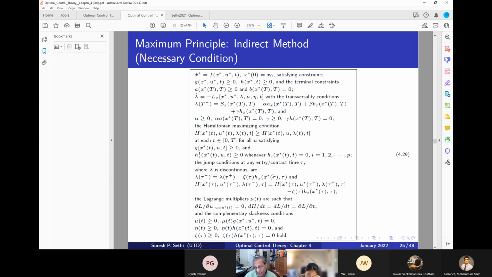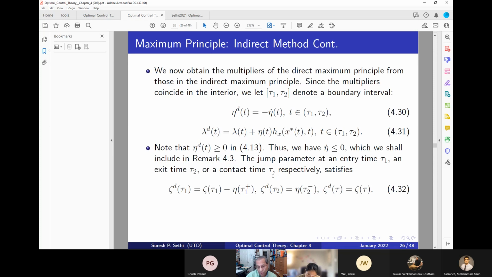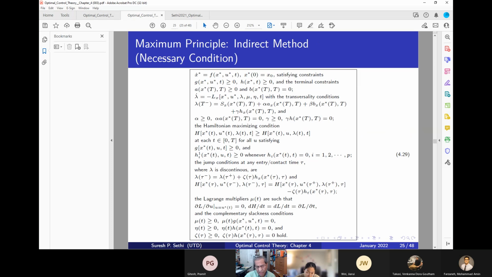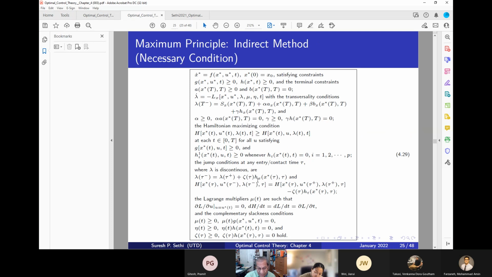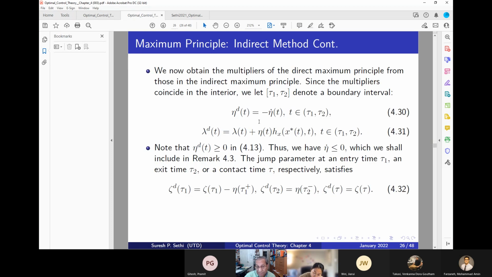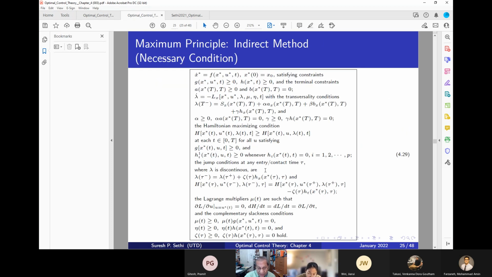If you can get to uniqueness, then it is even sufficient. So what I'm trying to say is that these are conditions that one could impose on these multipliers in the indirect maximum principle. Well, we don't do that. The literature doesn't do it. Some people even think that condition may be implicit in other conditions, but nobody has proved all of those things.